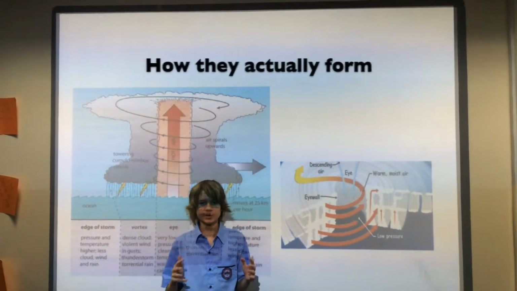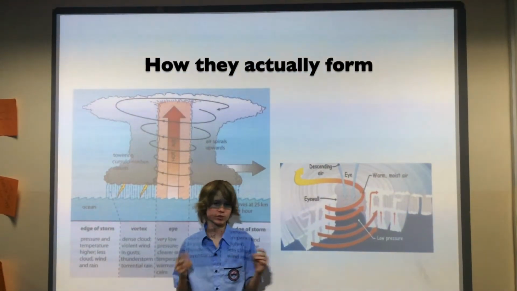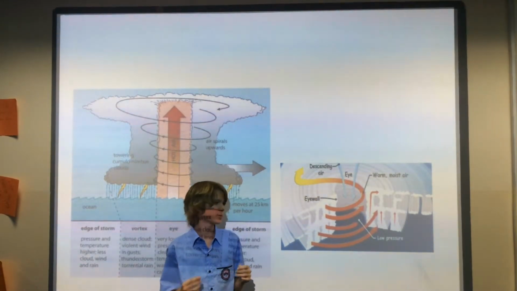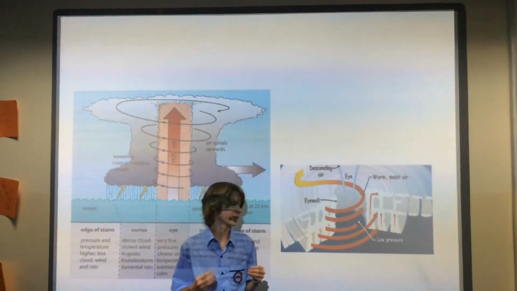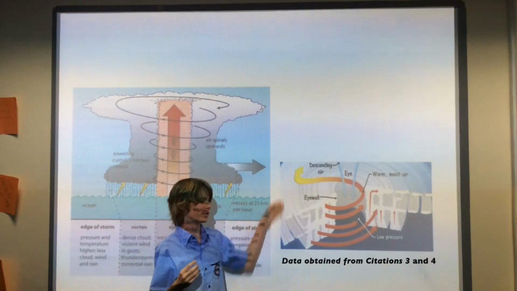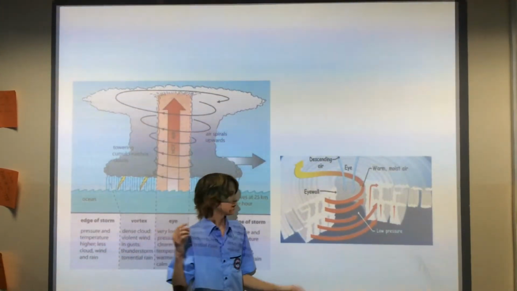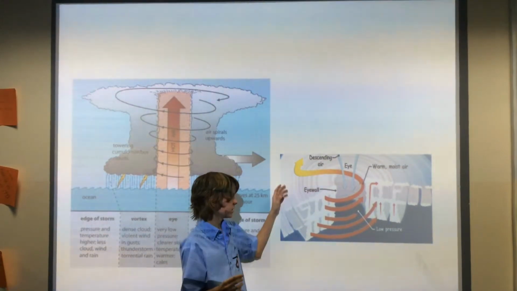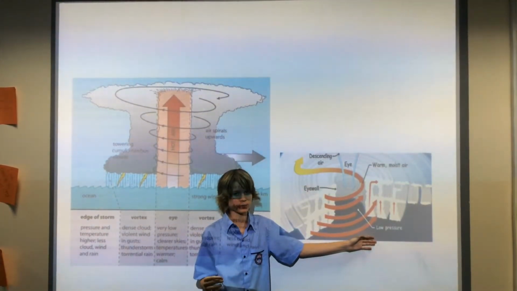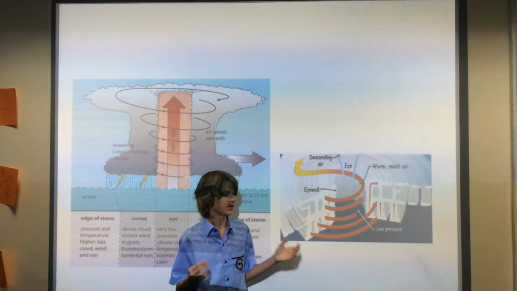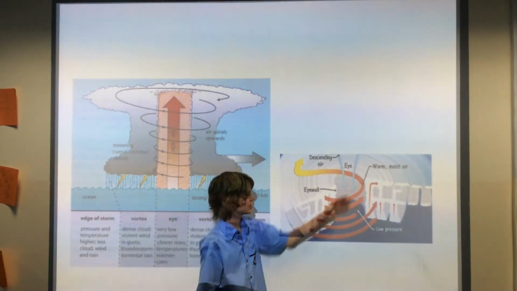So, as we heard, Hyungjae just went over the basic structure of a tropical storm, and now I'm going to take that into a bit more depth and look at how they actually form from that diagram. The general process starts with the sun heating up the water to around 27 degrees or even more at some points, and this evaporates into warm moist air, as you can see here.